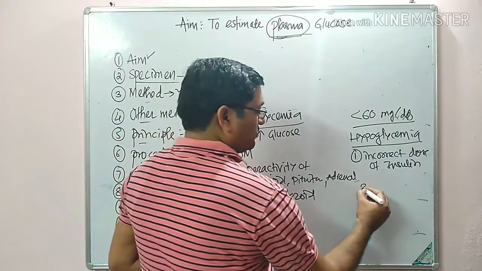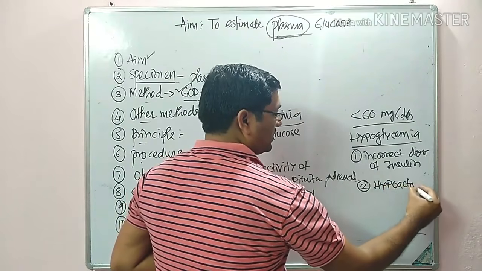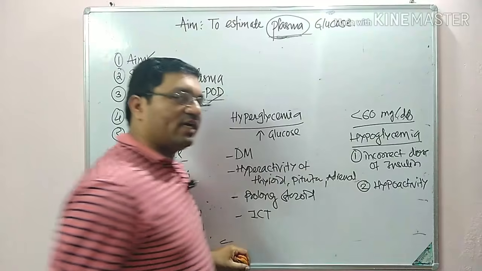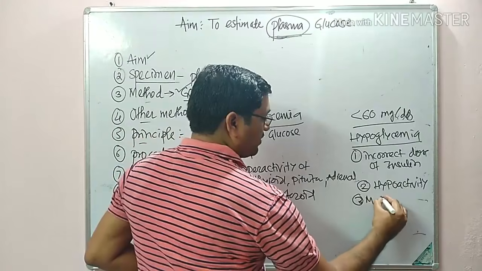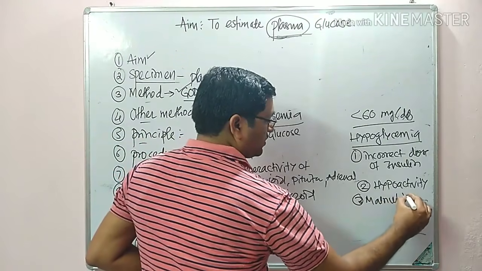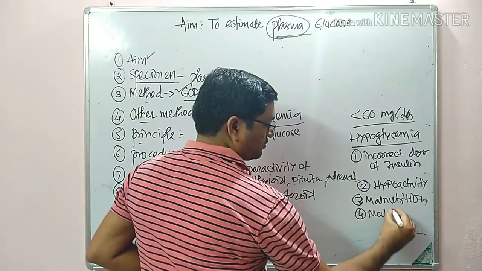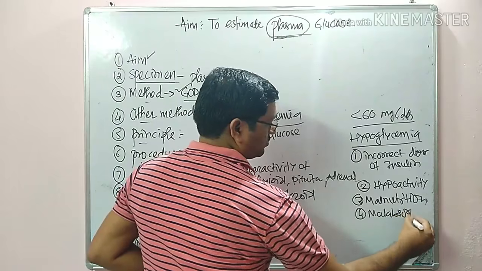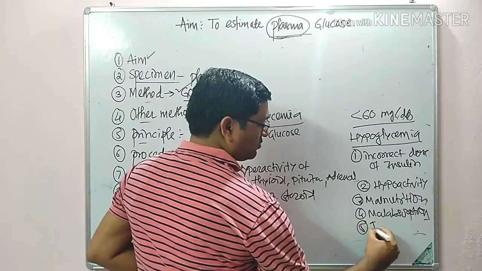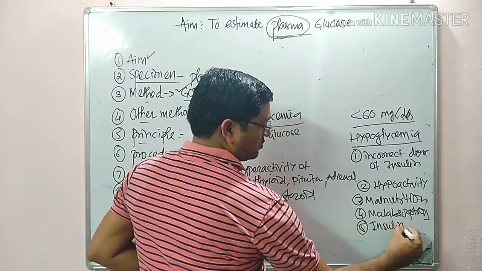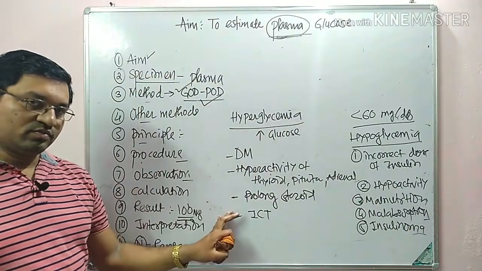Then second one is the hypoactivity of these three glands, means decreased activity of pituitary, thyroid and adrenal gland. Then third one is malnutrition, malabsorption, insulinoma. These are the conditions in which blood glucose level decreases.